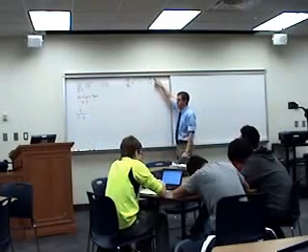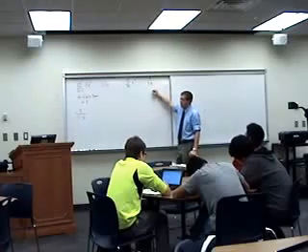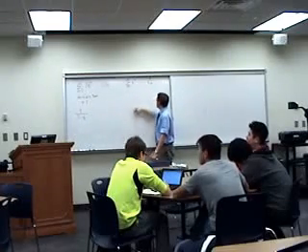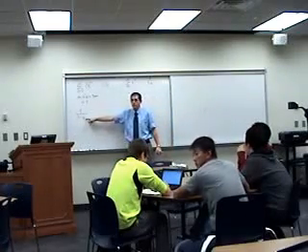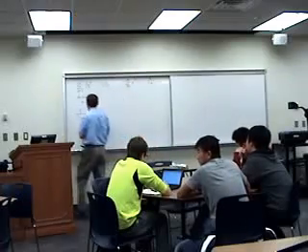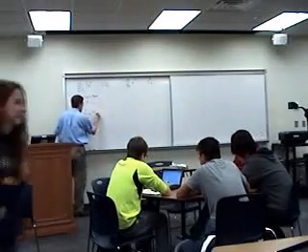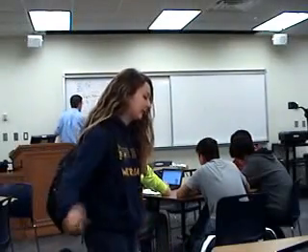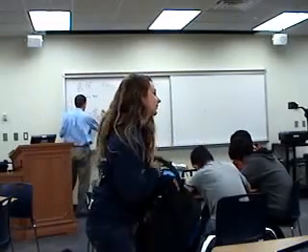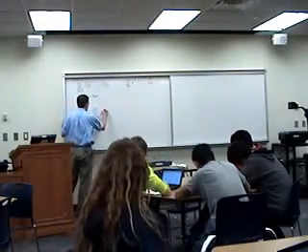What would be my a in this case? 1. What's my r in this case? x. So the series goes n equals 0 to infinity of x to the n.